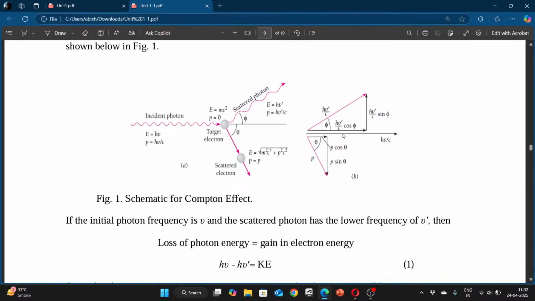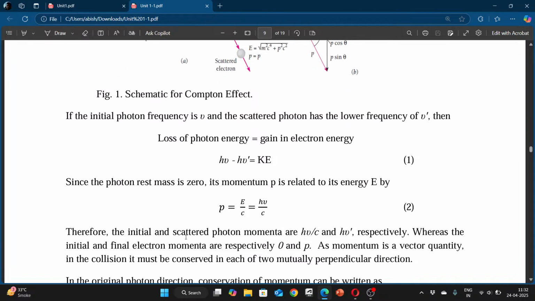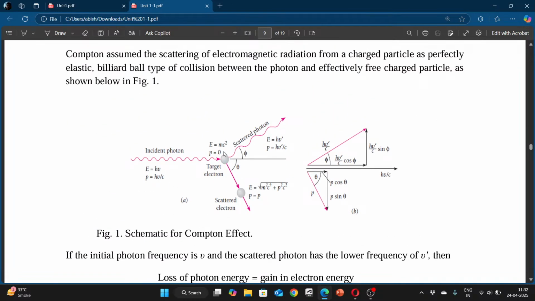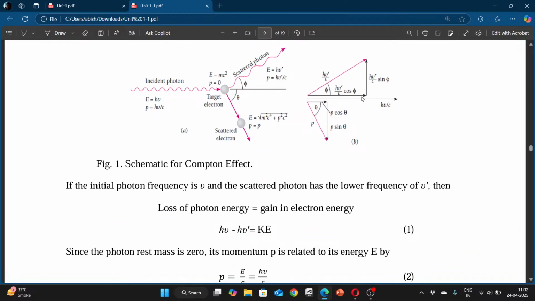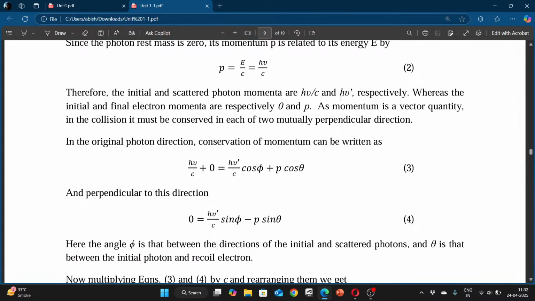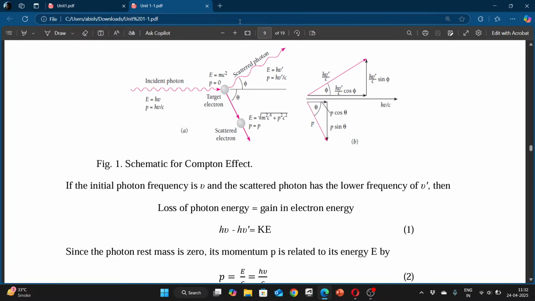In the original photon direction, h mu by c plus zero is equal to h mu dash by c cos phi plus p cos theta. This is the conservation of momentum.